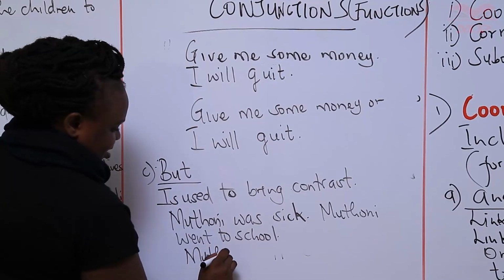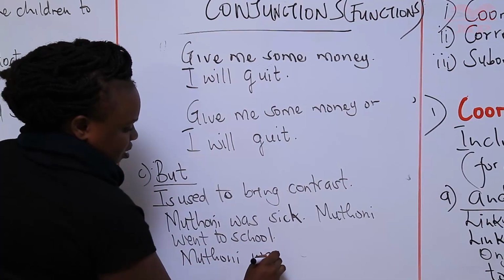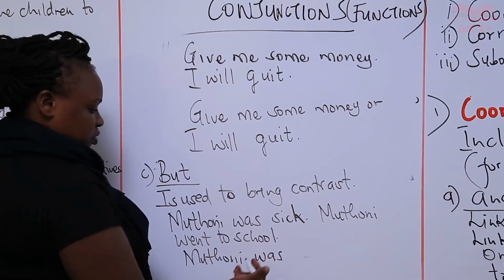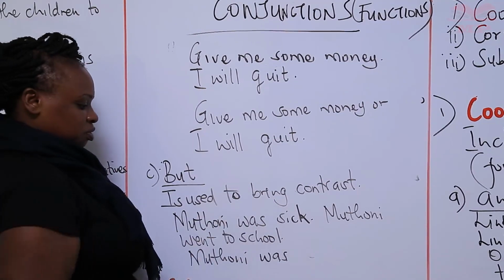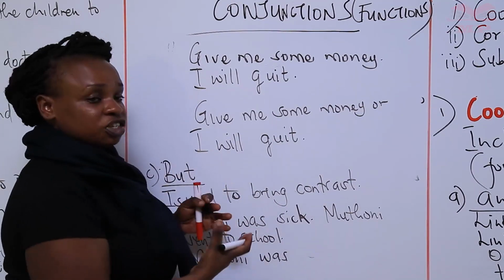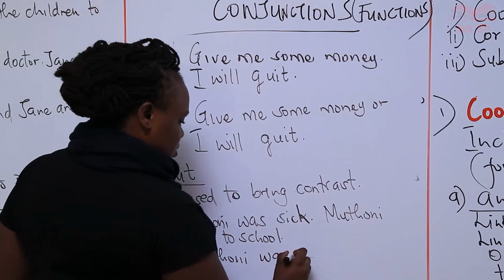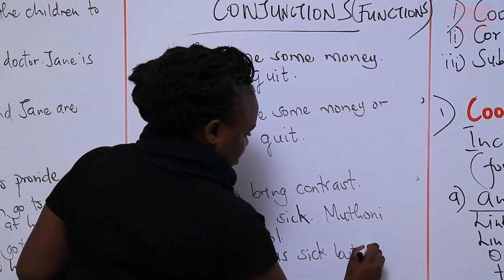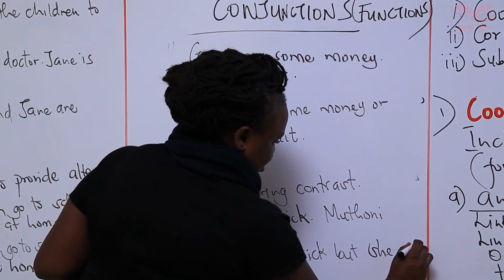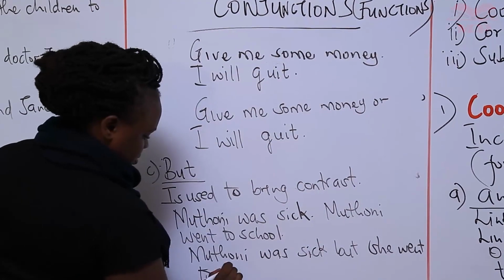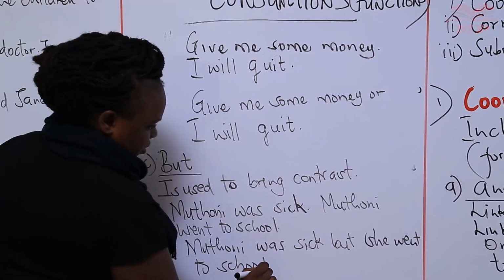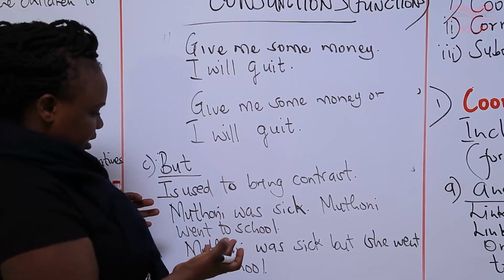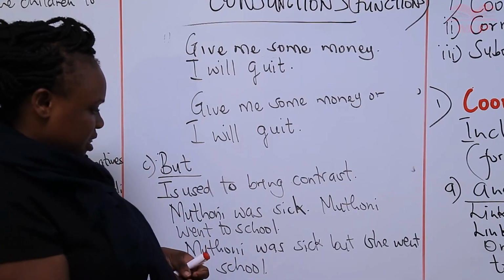Modoni was sick. Modoni went to school. So you can use that. Use but to bring the contrast. So Modoni was sick, but she went to school. Okay. So one idea contrasts with the what? With the other. All right.